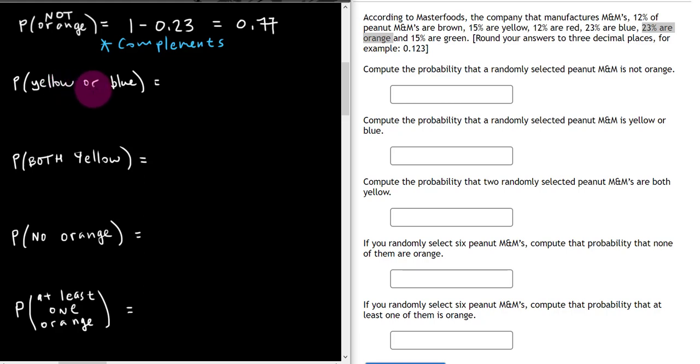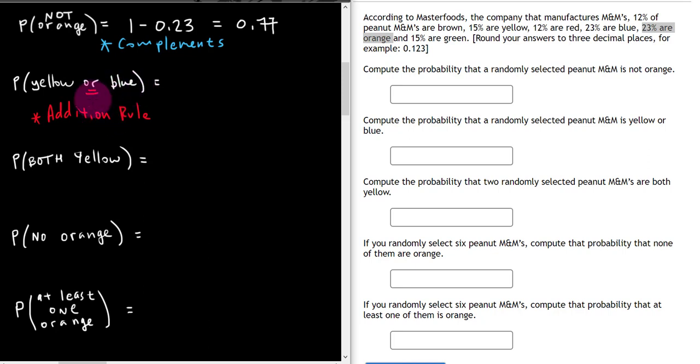With the next question, we are looking for the probability that a M&M is yellow or blue. And since the word "or" is showing up, I'm going to get ready to utilize the addition rule, where we want to consider, can we have a M&M that is yellow and blue at the same time?